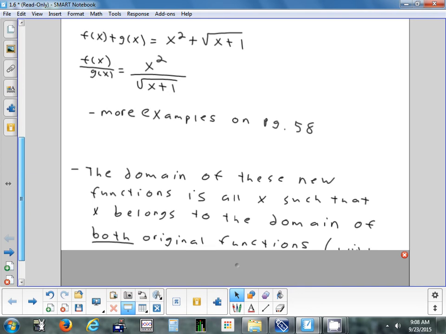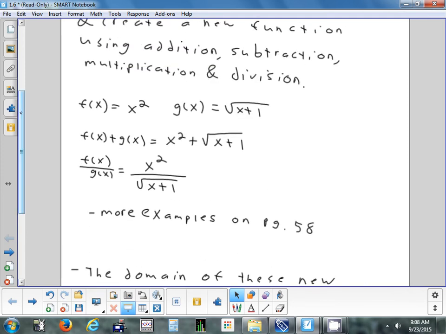So for example, let's say you wanted to use -5. Well, -5, I can plug it into f of x. -5 squared is 25. But can I plug -5 into g of x? No. That would give me a negative under the square root. I can't do that. So -5 is not a number that belongs to both of these domains.